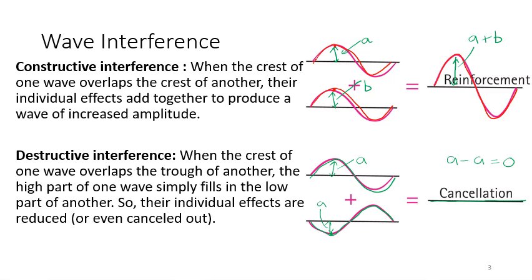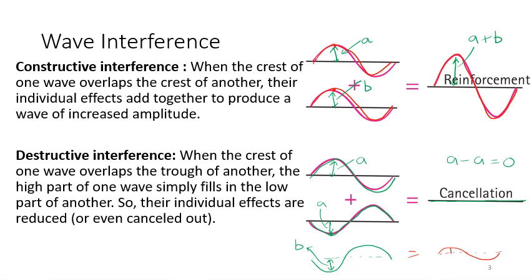But if you have two different waves, for example, if I draw another wave with a different amplitude like this, and let's consider the amplitude of this one is B. The resultant wave, in this middle part, will be a smaller wave.